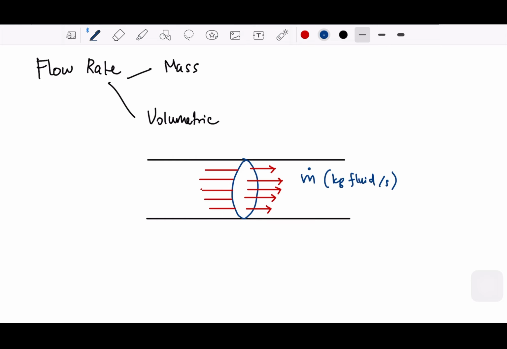Okay. Because the picture already denotes that this is fluid. And we have the volumetric. This means that this is actually mass over time, and this is volume over time.